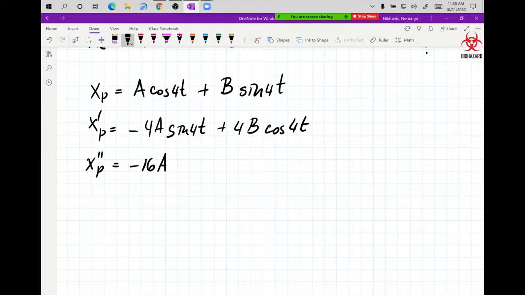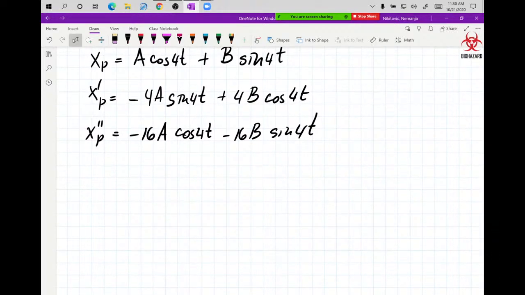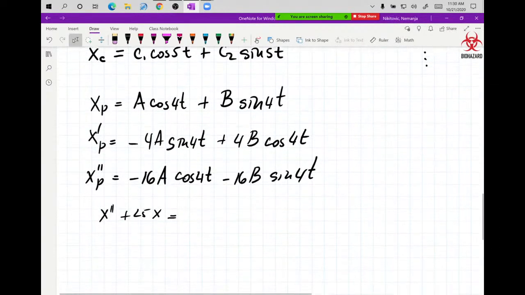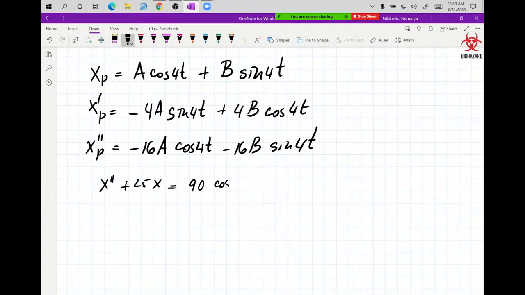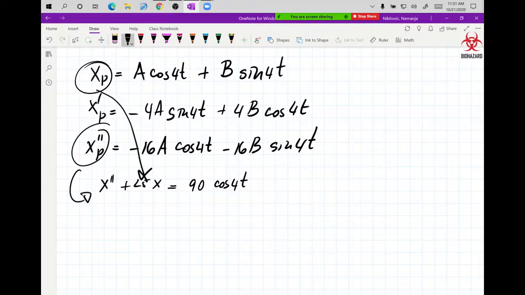negative 16a cosine 4t minus 16b sine 4t. So that's what we have, and now we plug those into the problem above. So we have our differential equation was given as x double prime plus 25x equals to, what was it, 90 cosine 4t. So now we know that this one goes there and this one goes there.